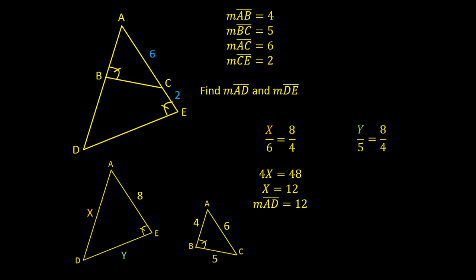And that corresponds to the side that measures 8 units in the large triangle and the side that measures 4 units in the small triangle. If we cross multiply and solve, we'll get that Y equals 10, which means the measure of side DE is 10 units long.